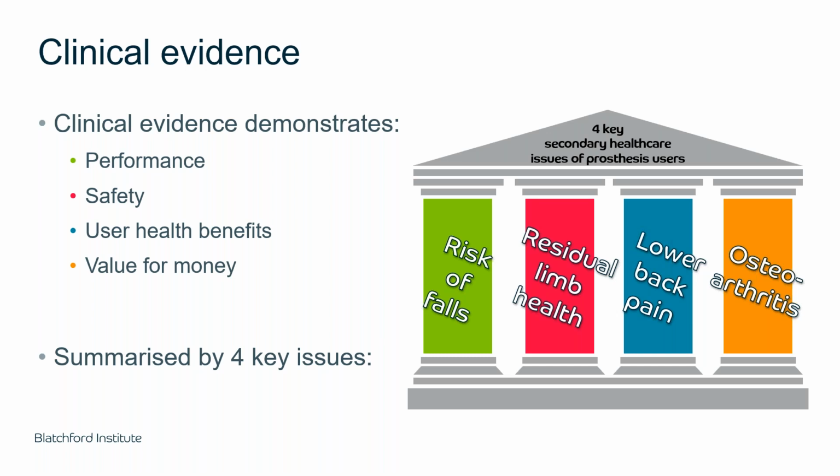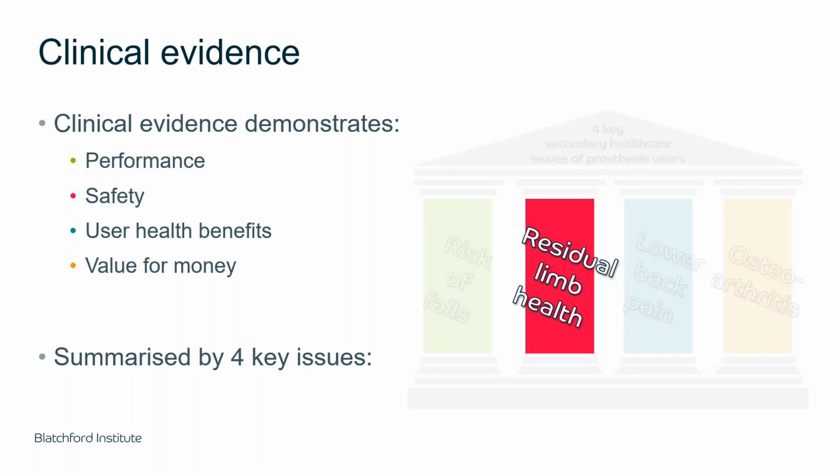But arguably the most important thing it can do is highlight the impact of that technology on the long-term health of the user. From scientific publications, we know that there are key secondary healthcare issues that are common for lower limb amputees. A focus of prosthetic design, therefore, is to create technology that helps to reduce the chance of these issues occurring. Today, in particular, we're going to focus on the issue of residual limb health.